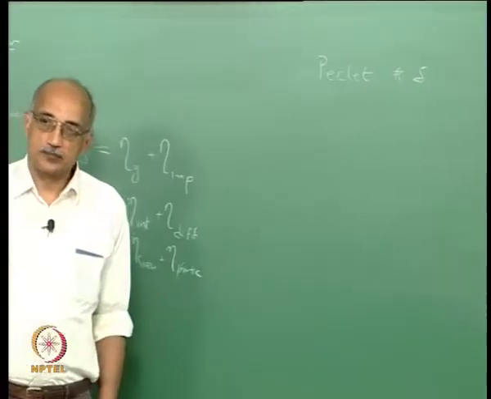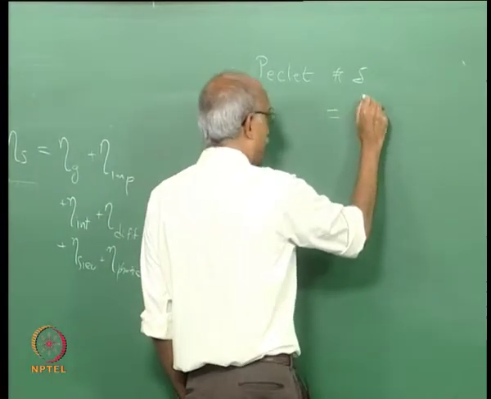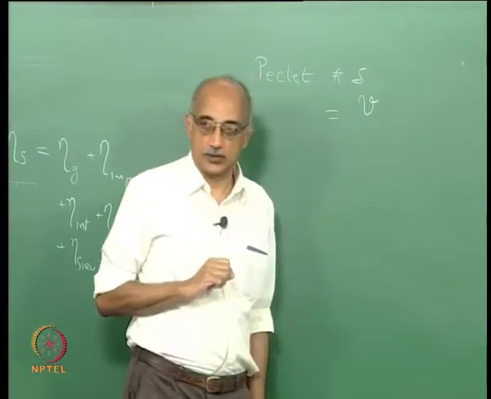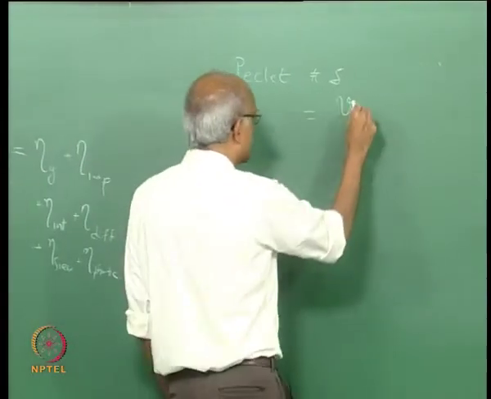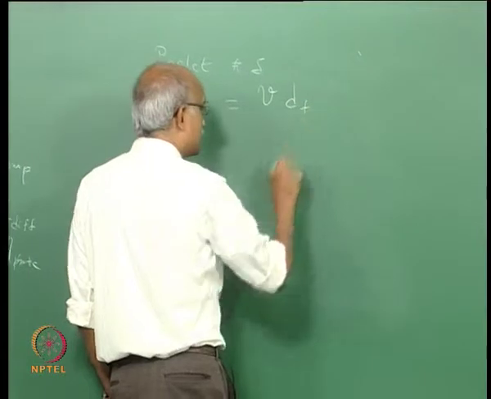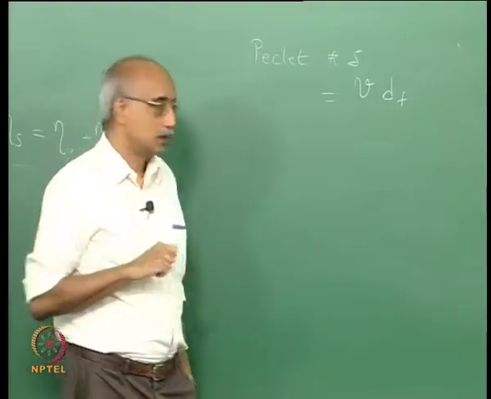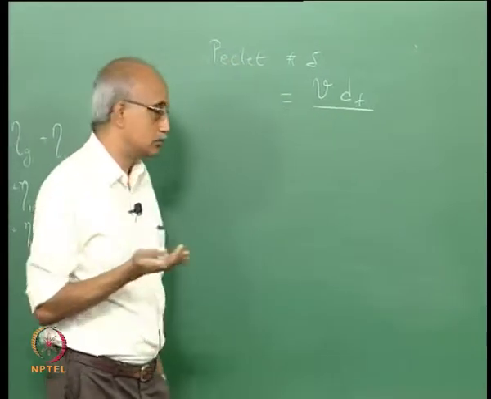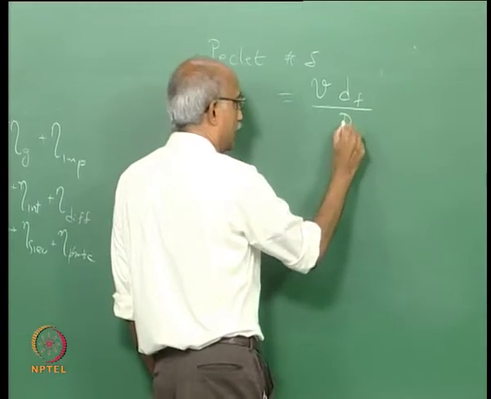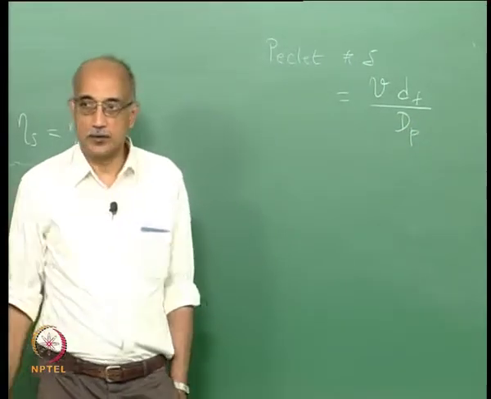Peclet numbers are the ratio of the characteristic velocity associated with that particular mechanism times a characteristic length, which in this case would be the fiber diameter, divided by, for example, the diffusivity of the particle as your reference value in the denominator.